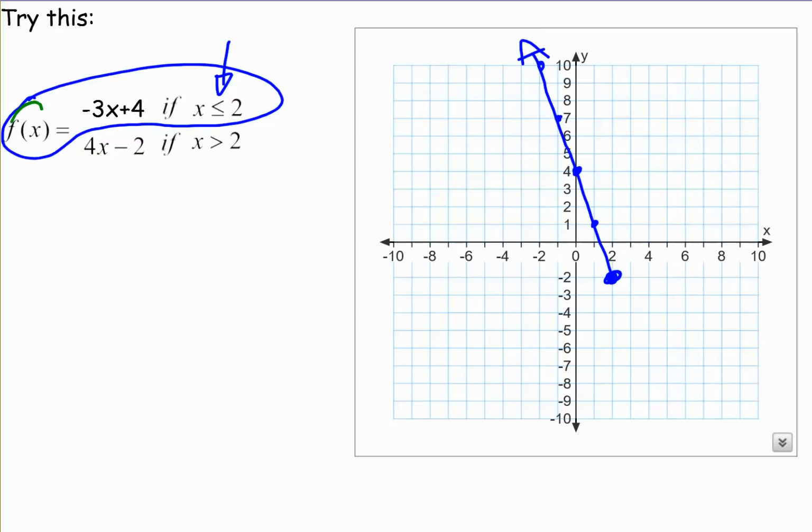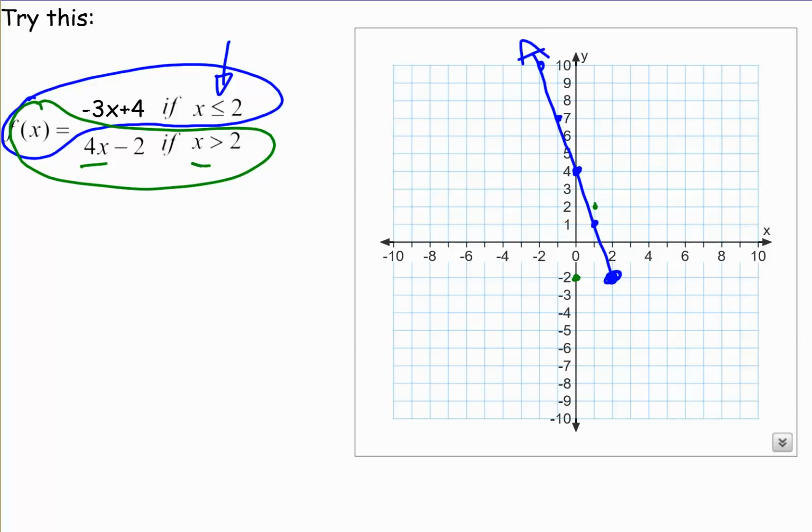We'll do the next one in green, and again we want to be to the right of 2, but I still need to plot this y-intercept and then I'll erase it once I move to the right of 2. So my y-intercept is at negative 2 and our slope is 4, so we're going to go up 4 over 1. I'm not going to use that point either because it's still to the left of 2.